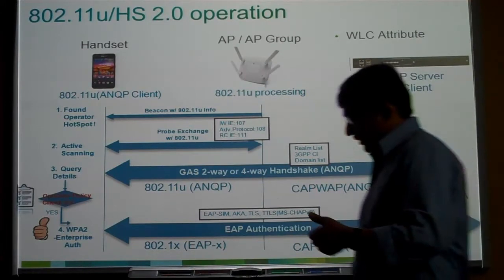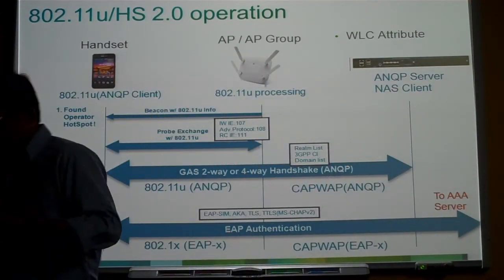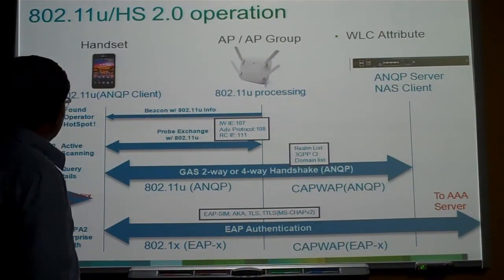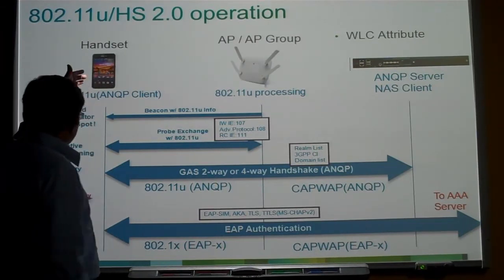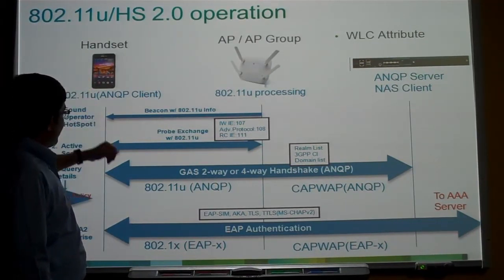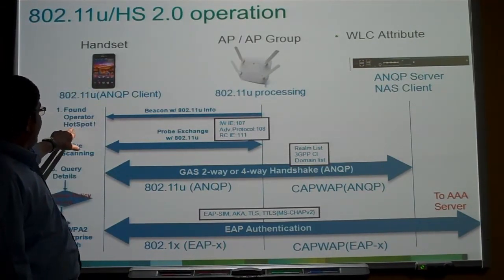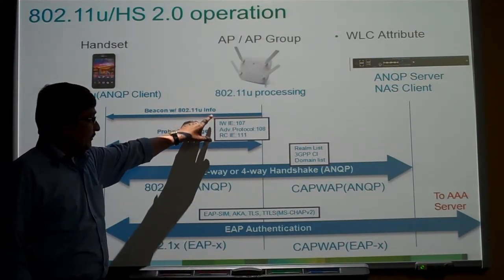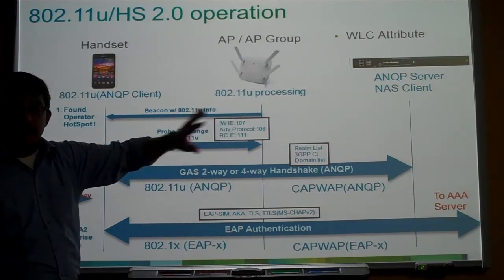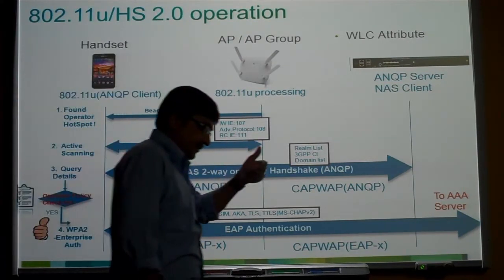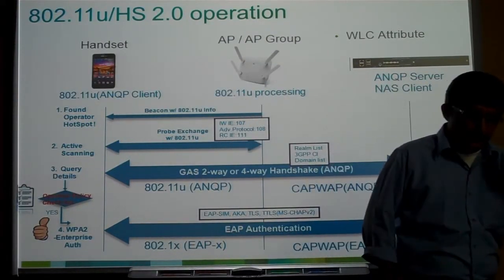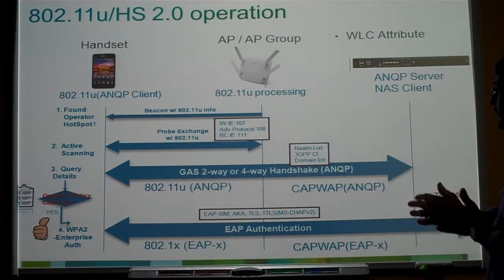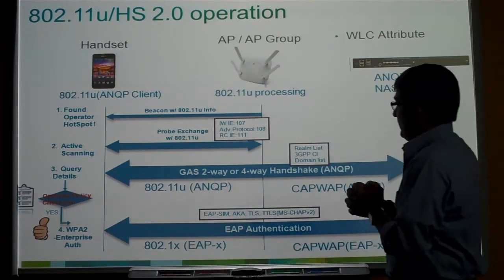So how does this work, the packet flow? What is the mechanism? A client comes in, walks into a hotspot area, and then he finds an operator hotspot. The WLC is pre-configured with some of the 11U characteristics, and that WLAN is always sending that information in the beacon.